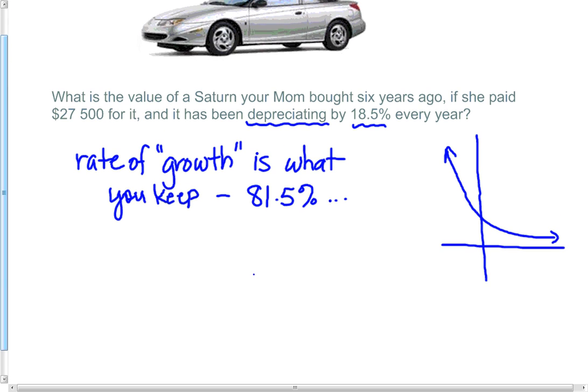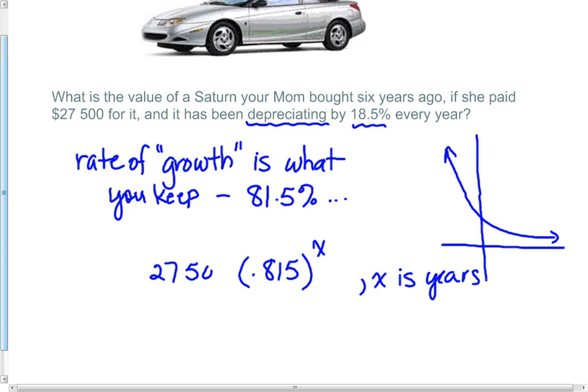So 0.815 as a decimal to the x, where x is years. My original amount, 27,500, is my vertical stretch. So the value of the car is 27,500 times my rate of growth to the power of, we wanted to know 6 years.